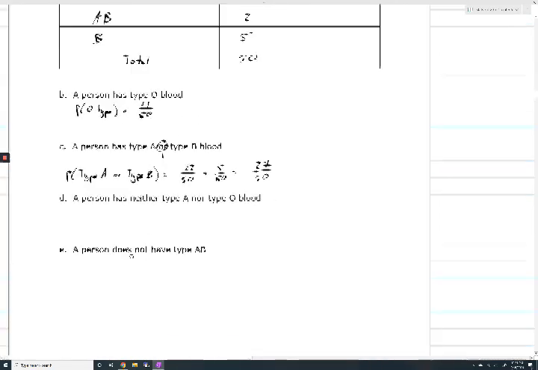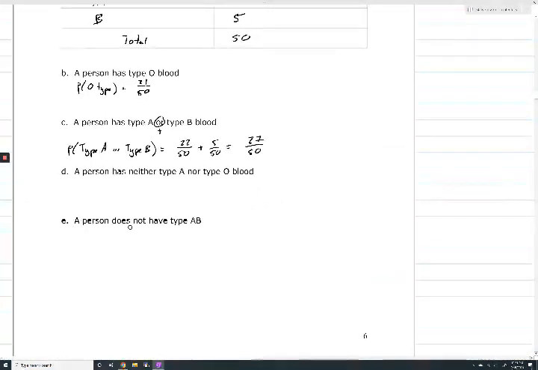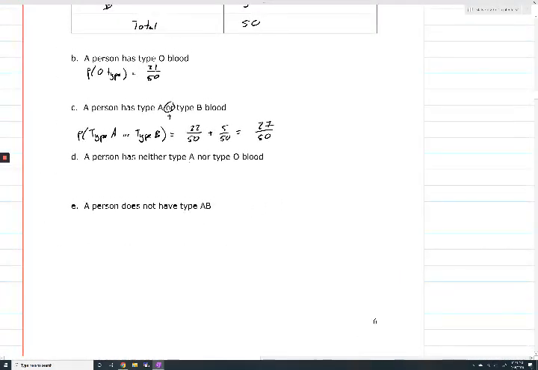So for D, we're looking at a person has neither type A nor type O, so not A and not O, leaves AB and B. So another way of writing this is the probability of type B or AB.